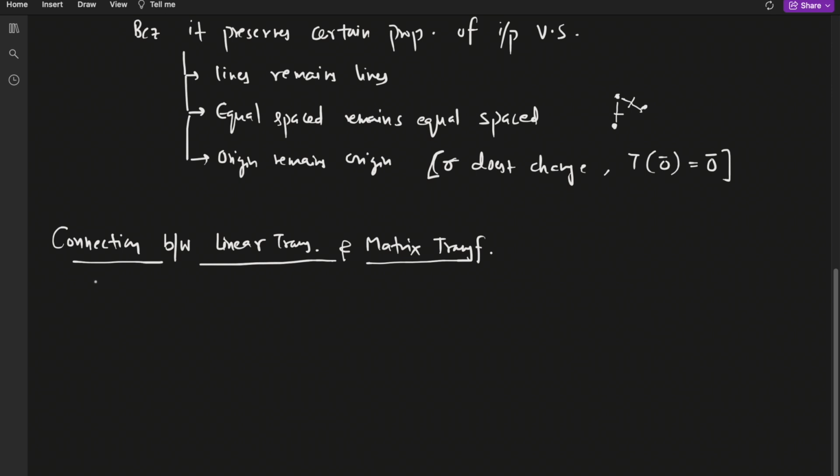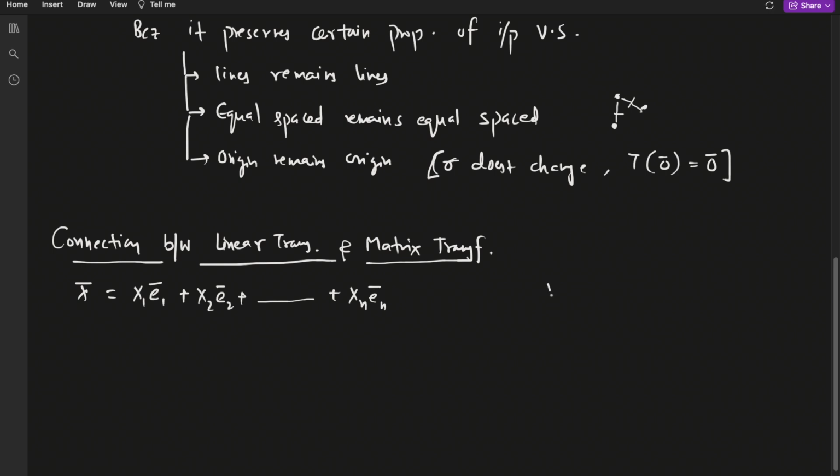So let us suppose we have a vector x in the input vector space, and we know that any vector x is nothing but a linear combination of its basis vectors. So x1 e1, where e1 is the first basis vector, x2 e2, where e2 is the second basis vector, and so on and so forth.